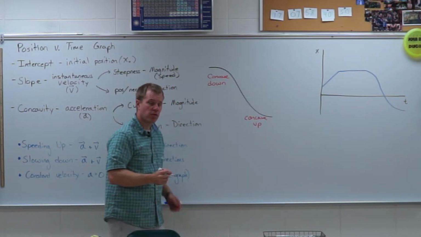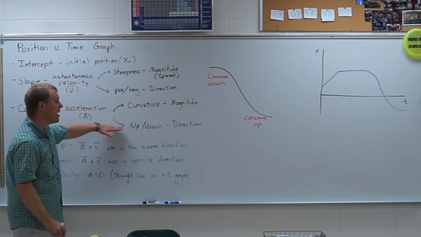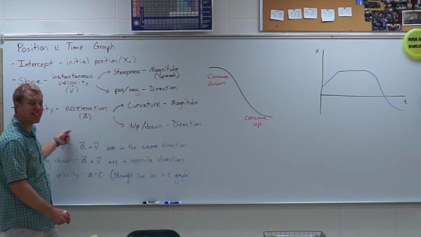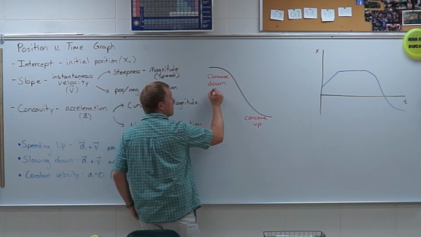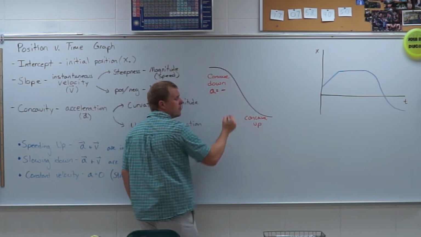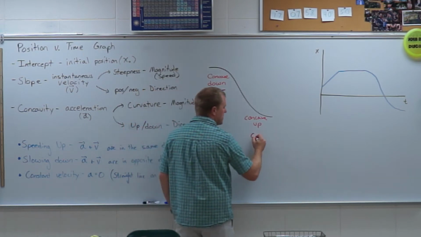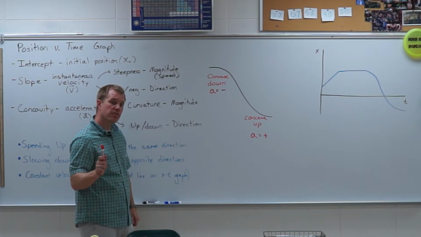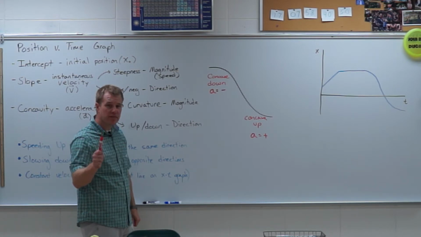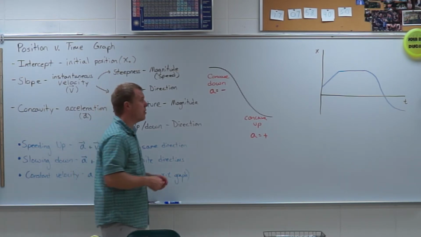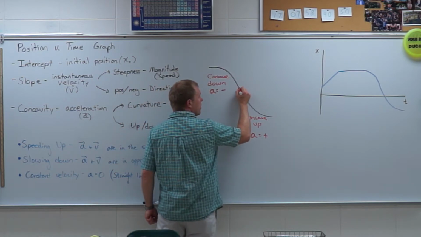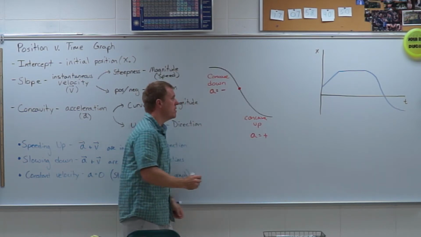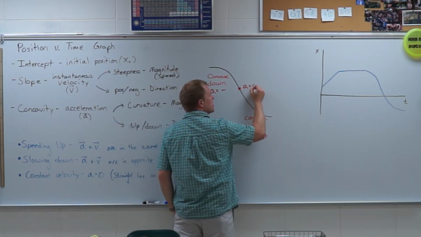Now what that means for me is the concavity tells me about the direction. So if it's up or down, tells me about the direction of my acceleration. So when it's concave down, it's telling me that the acceleration is negative. When it's concave up, it's telling me the acceleration is positive. And if you ever go from a negative number to a positive number, you always have to go through one number, 0. And so right here, where it switches from concave down to concave up, this is the point where my acceleration is 0.